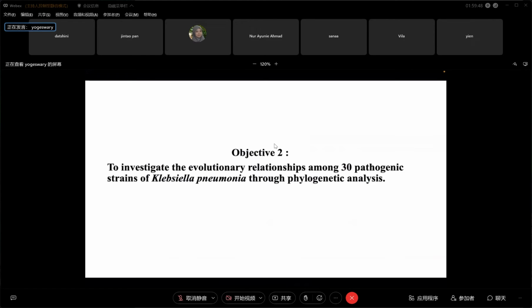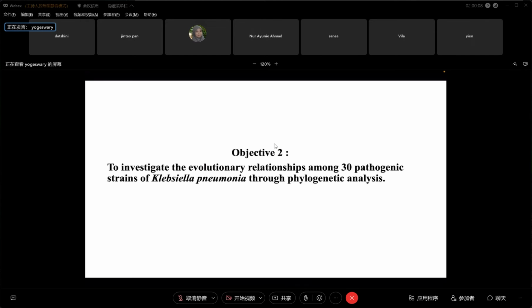And my next objective is to investigate the evolutionary relationship among the 30 strains of Klebsiella through phylogenetic analysis, with Vibrio cholerae as an outgroup.